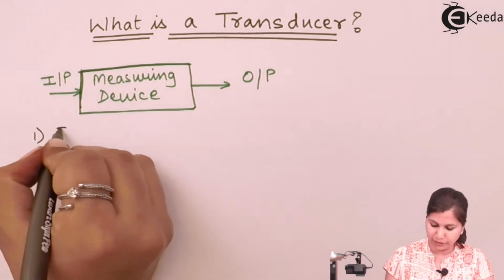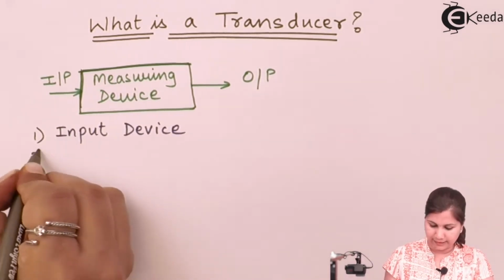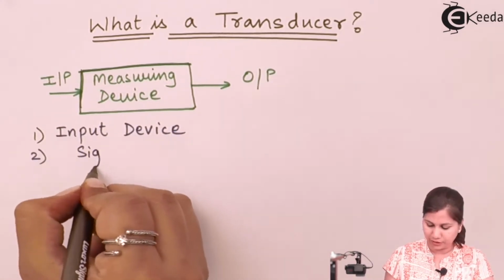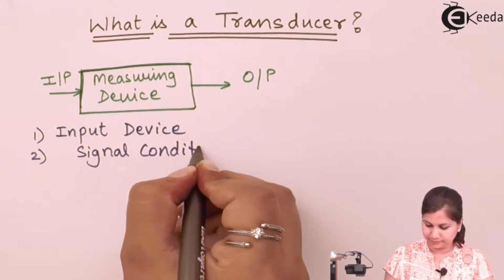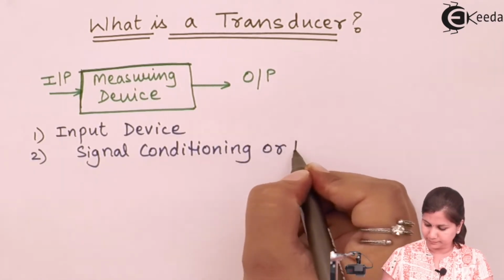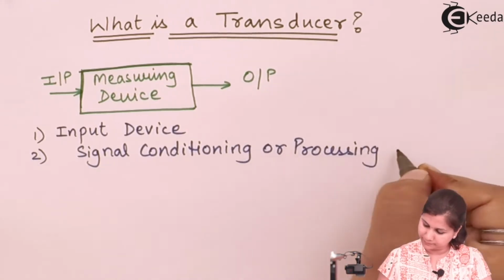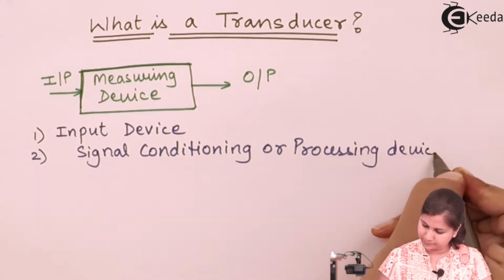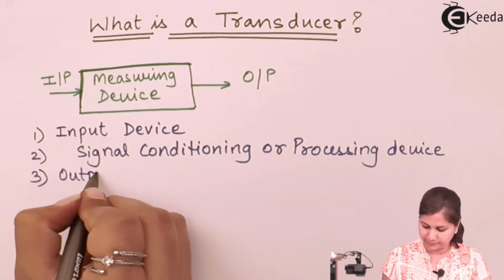One is the input device. Second is the signal conditioning or processing device. And third is the output device.